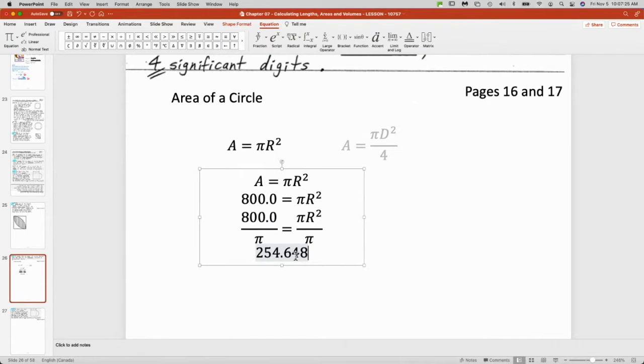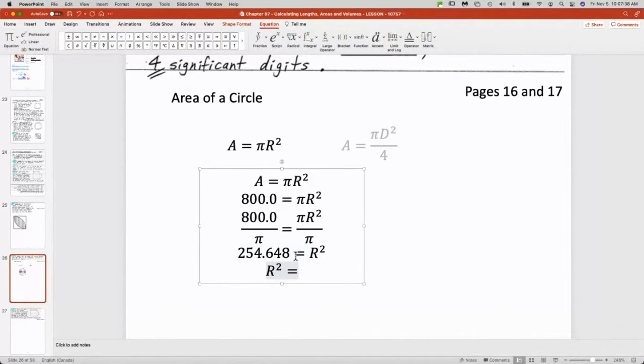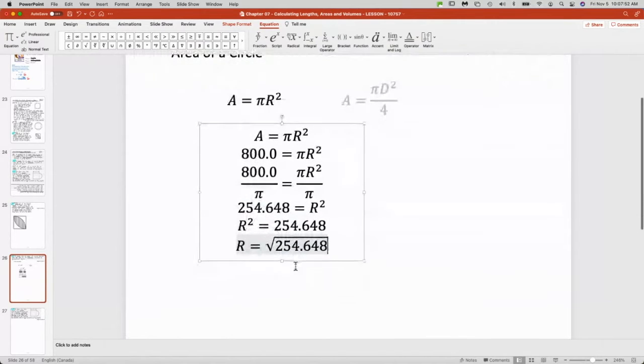I'm putting extra decimals here just because I don't want to gamble. This will give you the radius eventually, James. Unfortunately, it's r squared, so we have to take a square root. If we take the square root, then we'll get the radius, and once we have the radius, you can get the diameter without too much difficulty.